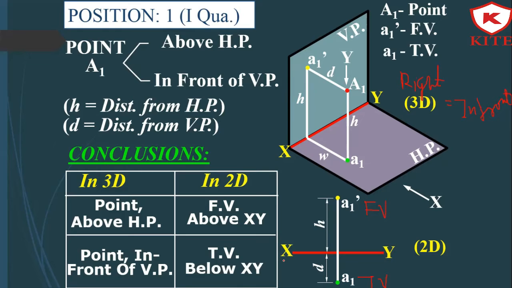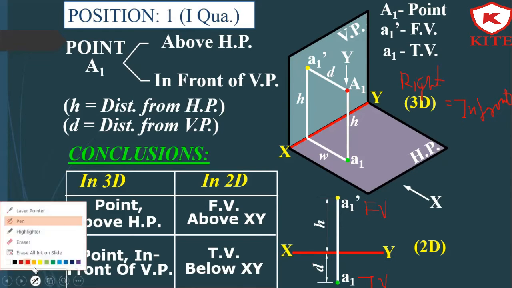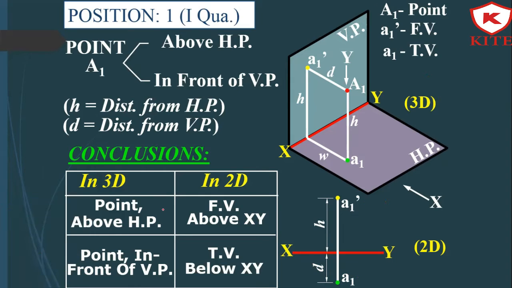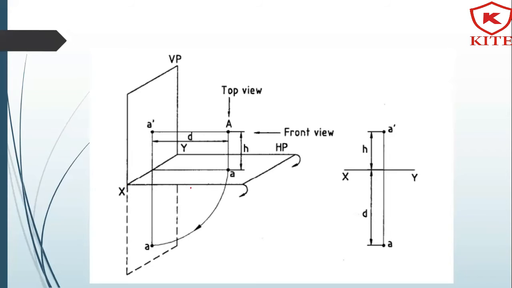So your top view is below the XY line. Now let's look at the 2D view in detail. Similarly, the same problem: point A, front view denoted as A dash, top view is A, and the line projection is drawn here, H same, D also same.